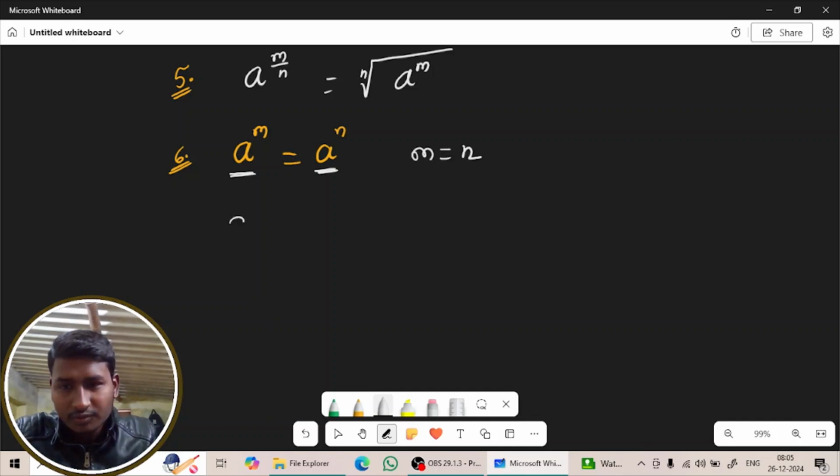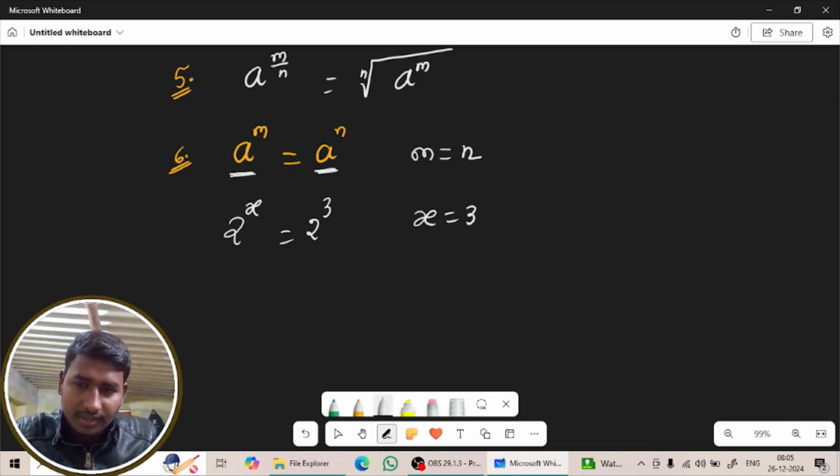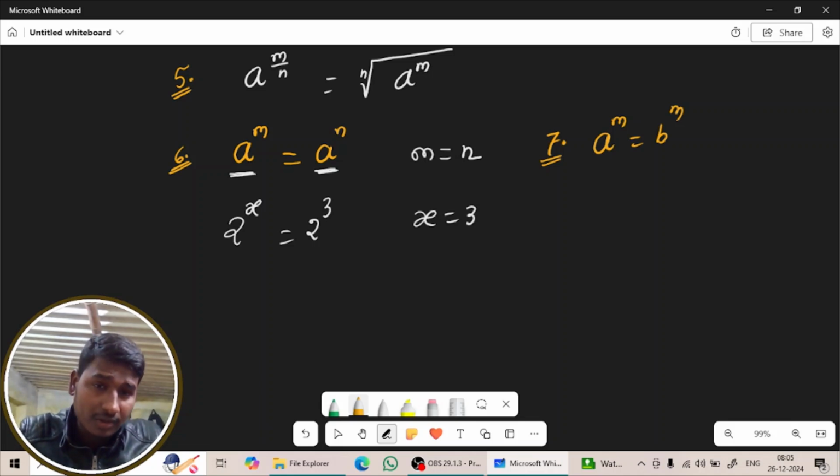For example, if 2 to the power of x is equal to 2 to the power of 3, since the bases are the same, x will be equal to 3. Now the next rule is very similar. If we have different bases with the same power and an equal sign, then the bases are also the same, so a equals b. For example, 2 to the power of 3 is equal to x to the power of 3, so 2 is equal to x, that means x is equal to 2.